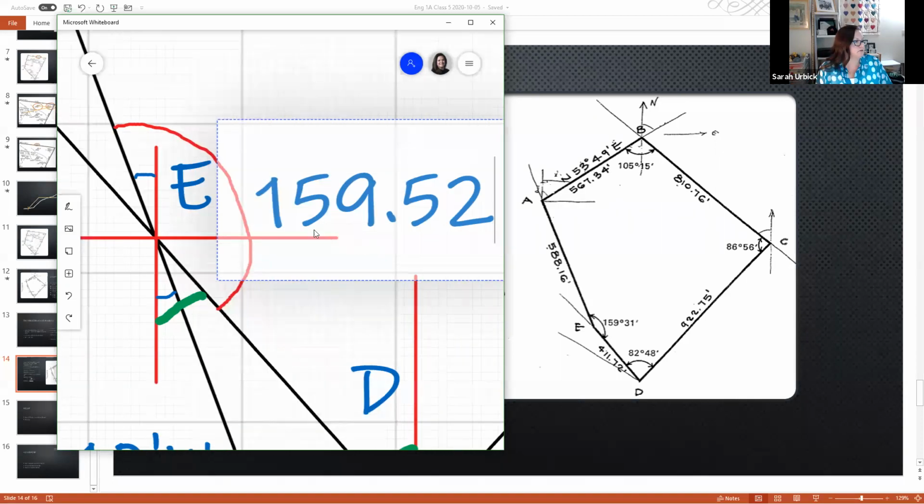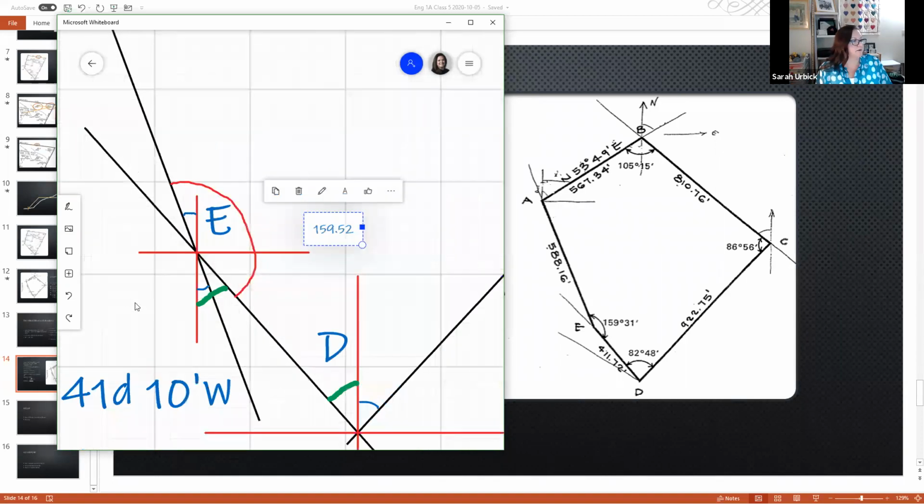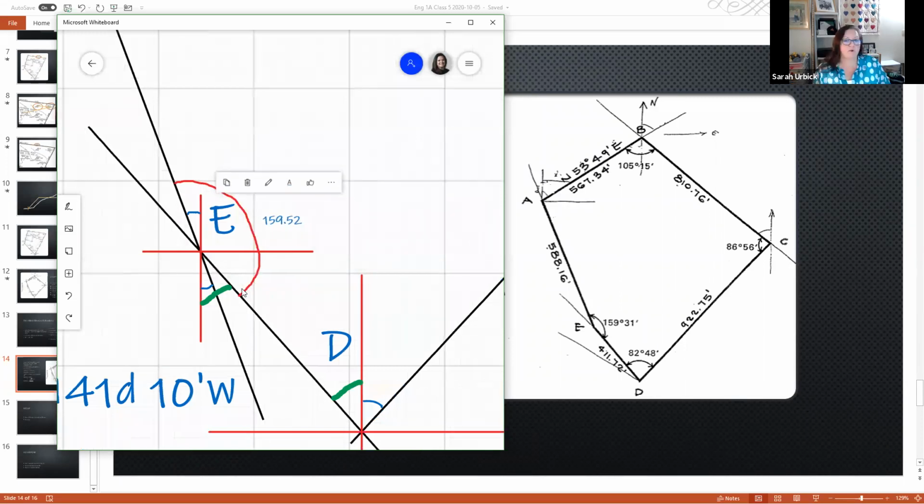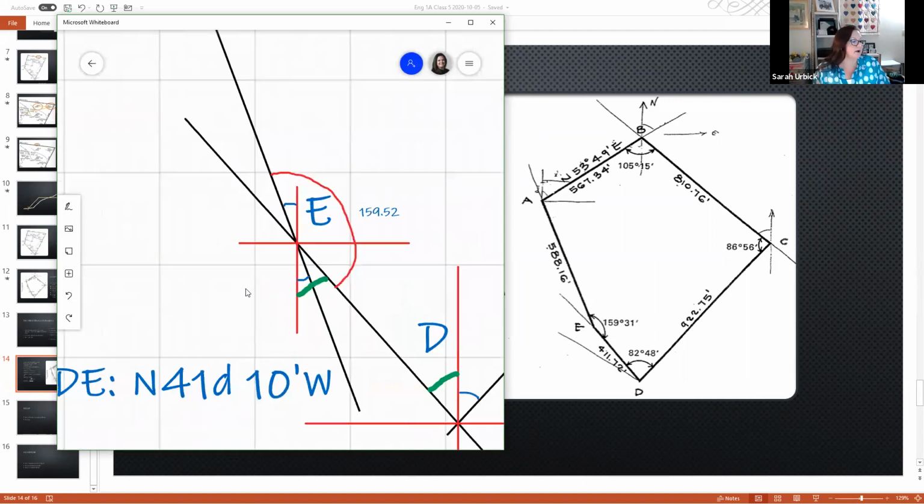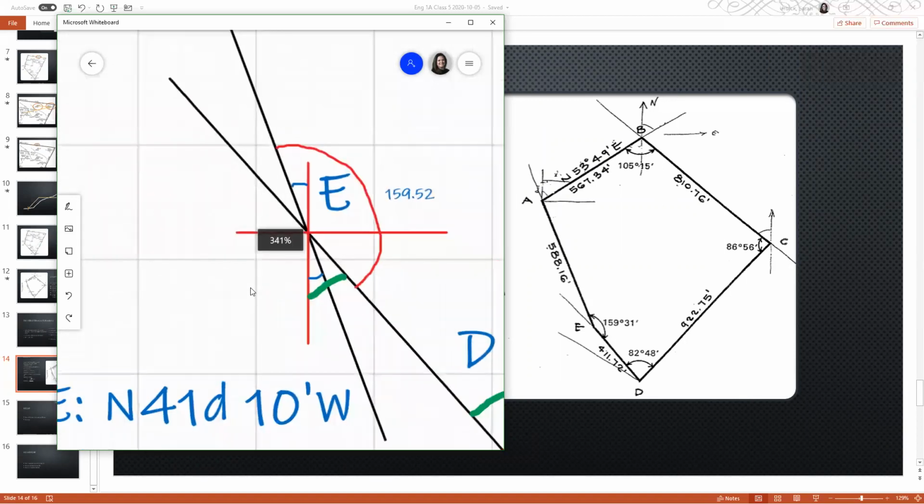Put that down a little bit so we can see better. There we go. So between all those angles that we know and the ones that we're trying to find, can we do it? Do we have enough information yet?